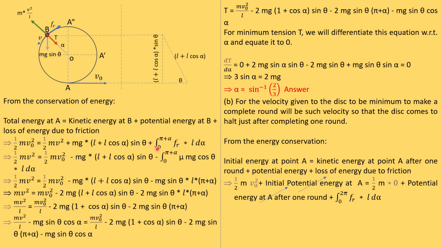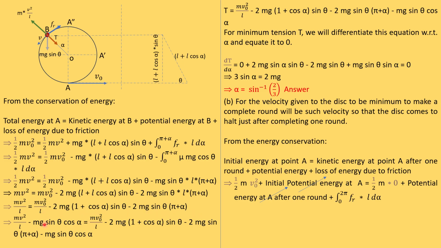This is a simple equation. Now putting in all these values, we can reach mv square equal to mv naught square minus 2mg (L plus L cos alpha) into sine theta. Now we will divide mv square by L. The whole purpose of dividing is that we want to bring it into the form of equation 1, so your calculation will become easy.